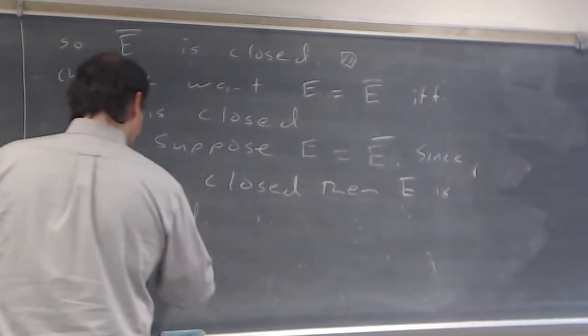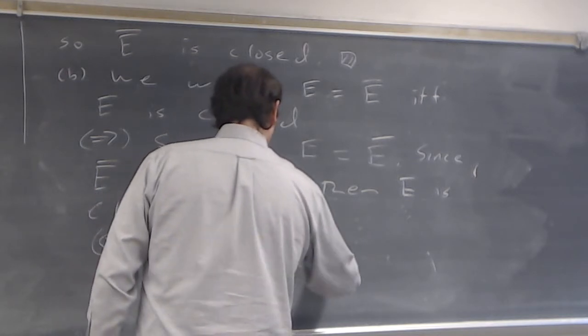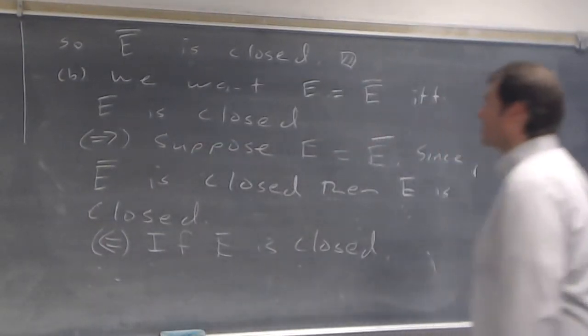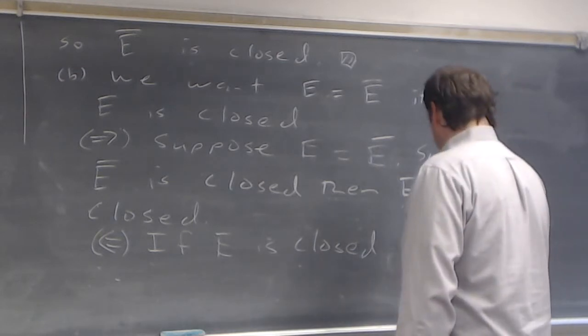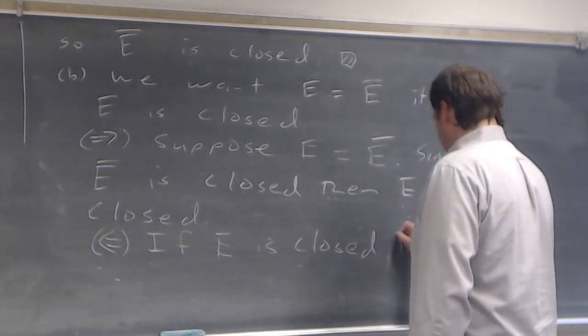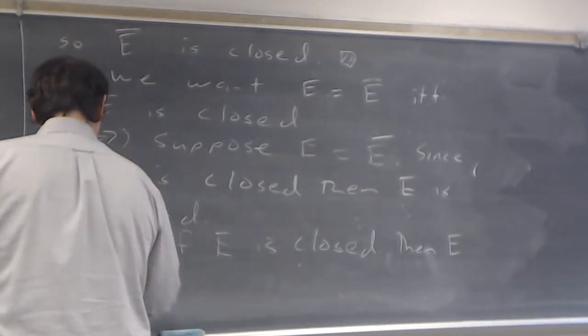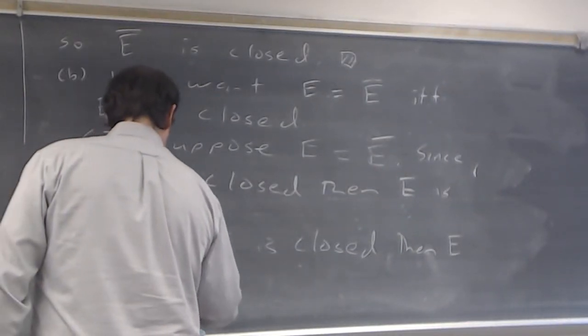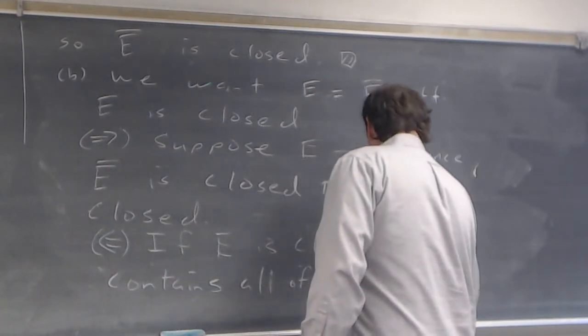Backwards direction, if E is closed, what we want to do is show that it's equal to its closure. But if E is closed, what does it mean to be closed? It means that it contains all of its limit points.